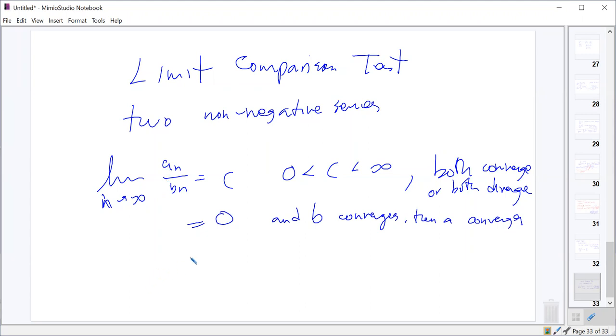And if it comes out to be infinity and b diverges, same thing, then a diverges. That's the same basic reasoning: if b is divergent and this thing is still going towards infinity, the top must be getting bigger even more quickly than the bottom, so a must also be divergent. Everybody good there with the limit comparison test?